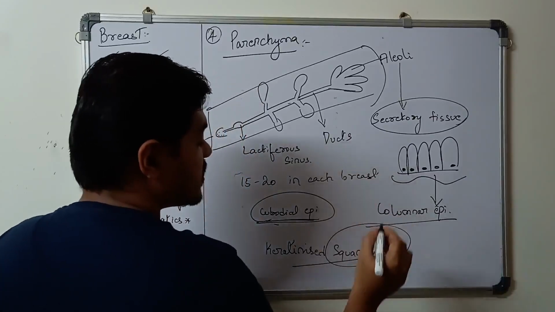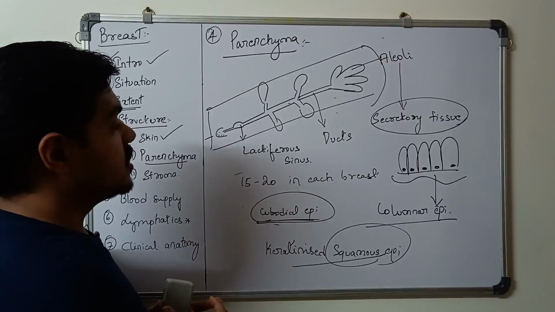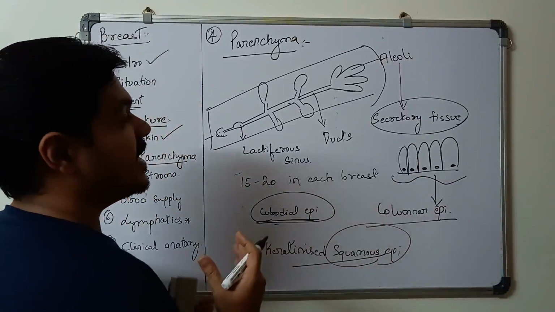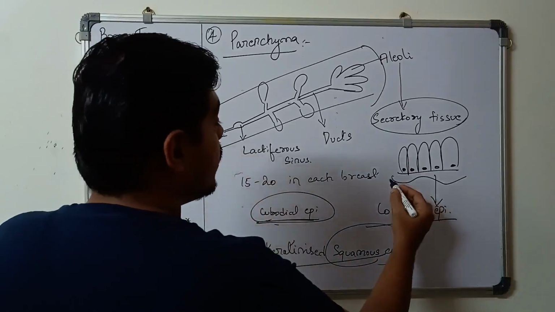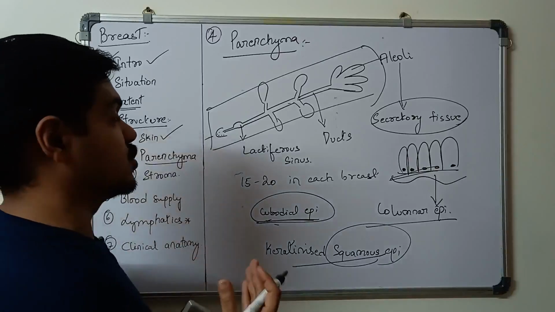Wherever there is squamous epithelium, the tissue is tougher, whereas cuboidal and columnar are not very tough tissues. Majority of the columnar tissues are present wherever there is a secretory function.